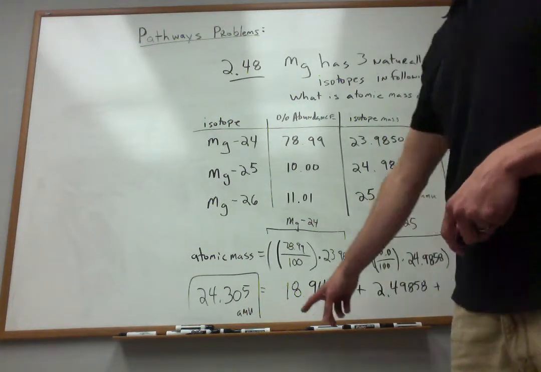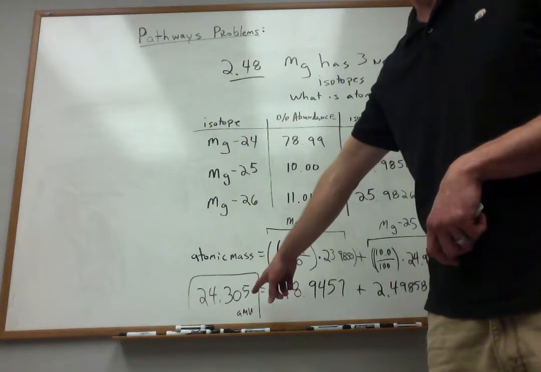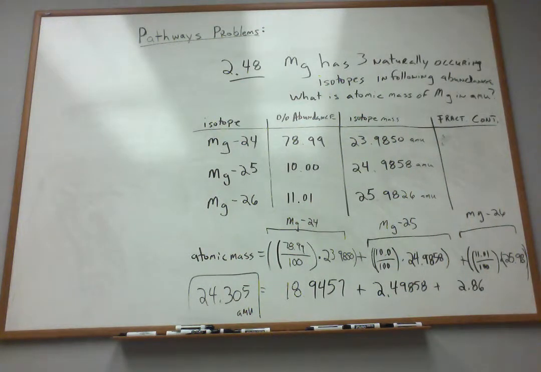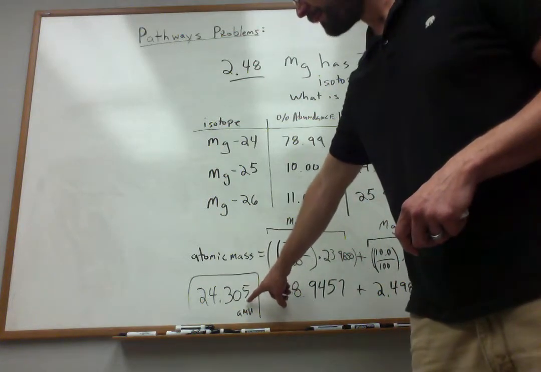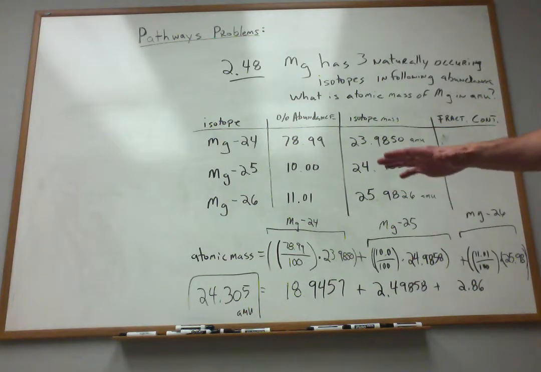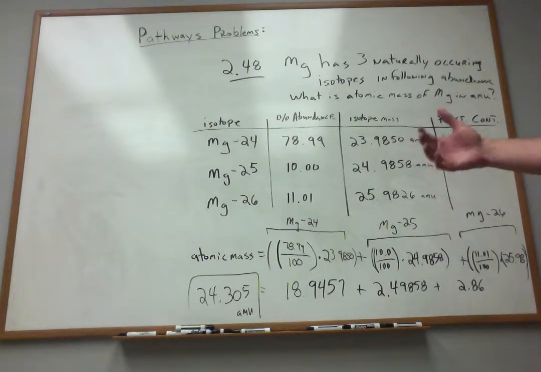Now, interestingly, if you look at the number that's on the periodic table for magnesium in its box, just in your book, you'll see 24.31. What we just computed is the number that's in the box on the periodic table. Not just for magnesium, but the other elements as well are computed the same way.